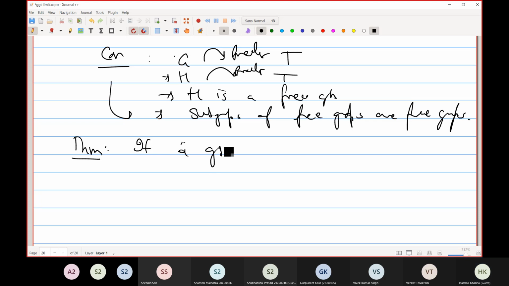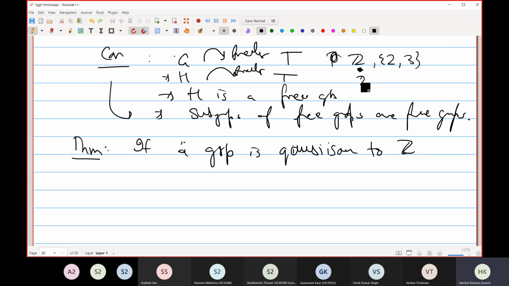So if a group is quasi-isometric to Z, to the real line. Some examples would be the Cayley graphs of Z with different generating sets, so Z with 2, 3, or Z with m, n where m and n have GCD 1.